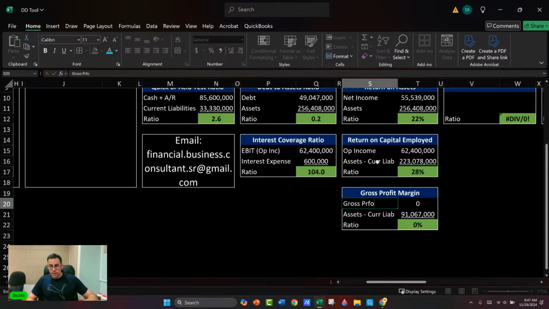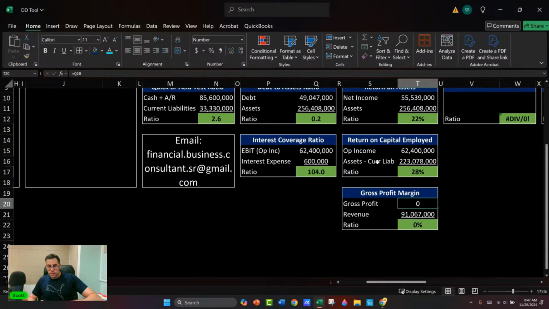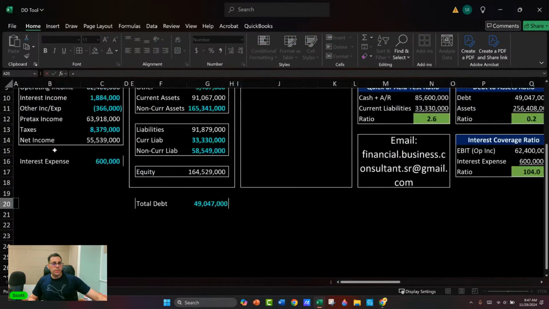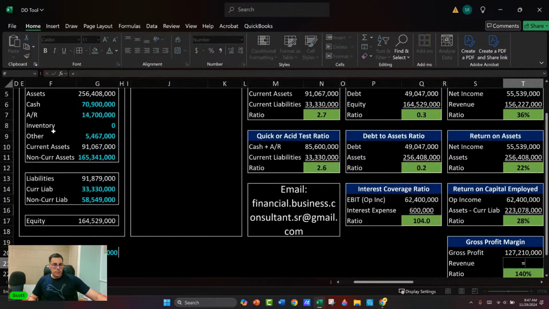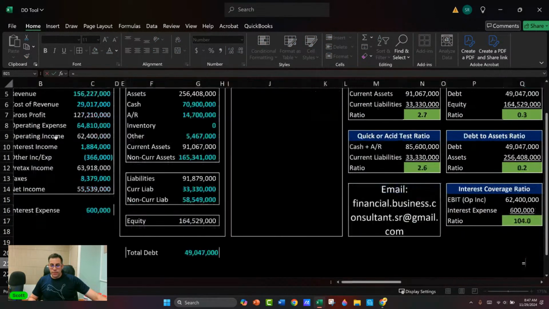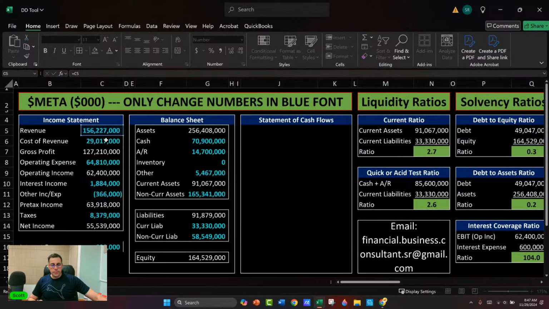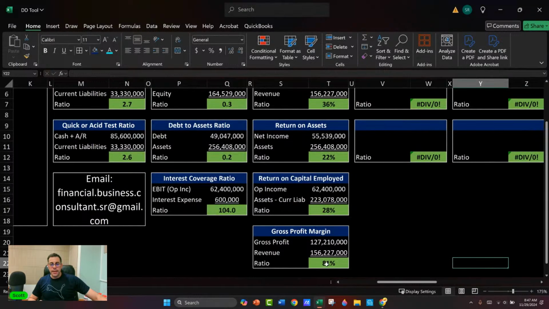Gross profit over revenue. So gross profit is revenue minus cost of revenue. And then you have revenue, so it's just amazing, 81% margins.